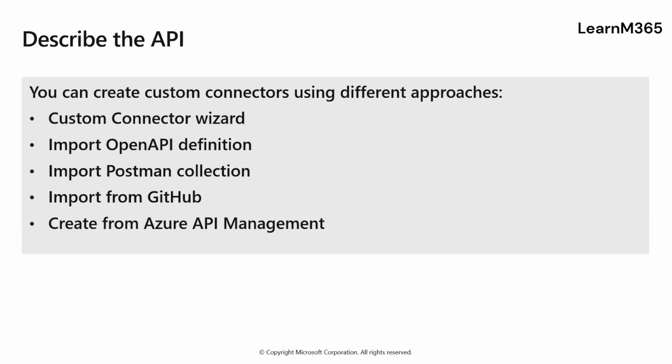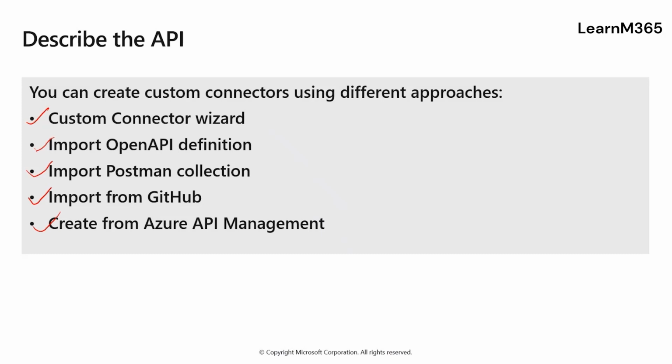Now, the third step talks about describing the API, where you are looking at different approaches to create the custom connector. You can go for the custom connector wizard, import an API definition, import Postman collections, import from GitHub, or create from Azure API Management.